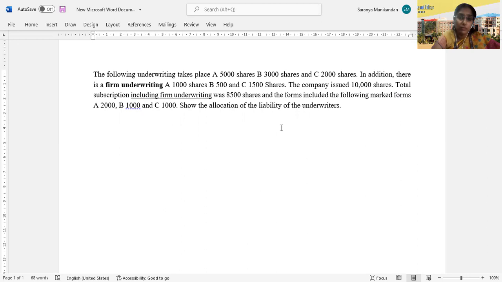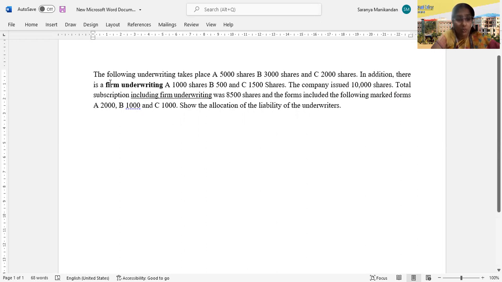So all of us know what is marked application, what is unmarked application, right? When the applications received by the company bear the stamp of the underwriter, that is marked application. When the application does not bear any stamp of the underwriter, that is unmarked application.